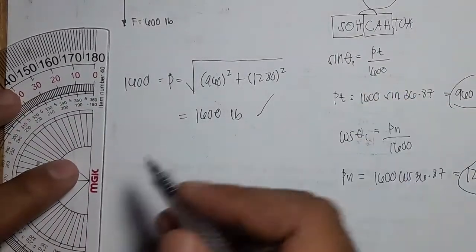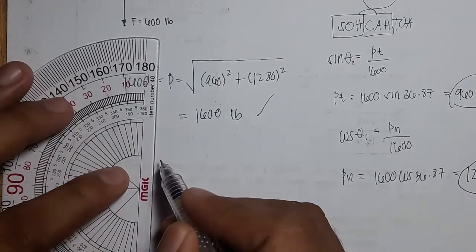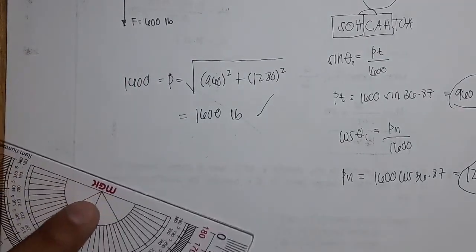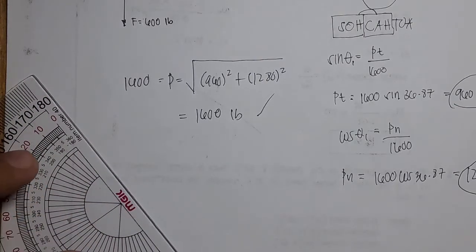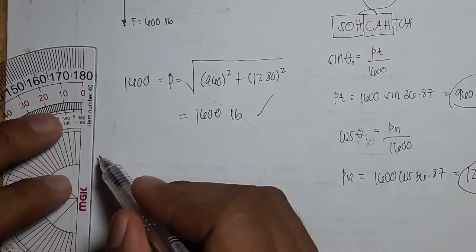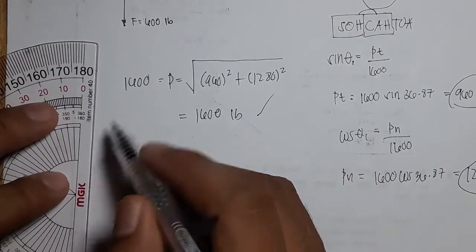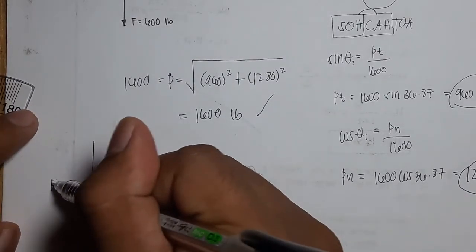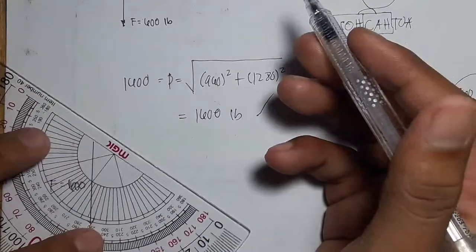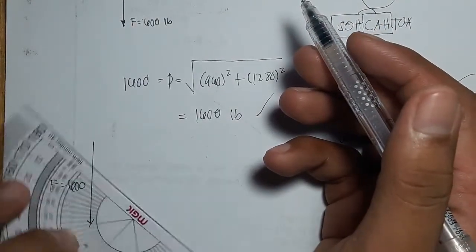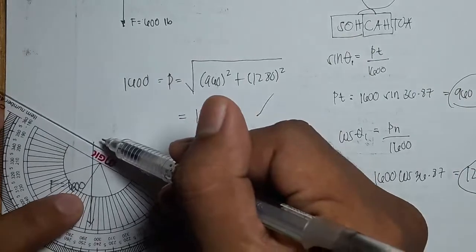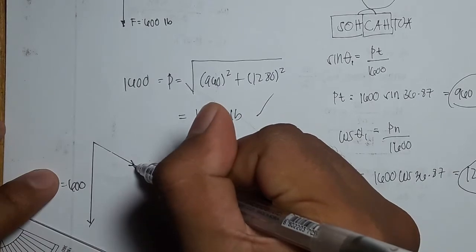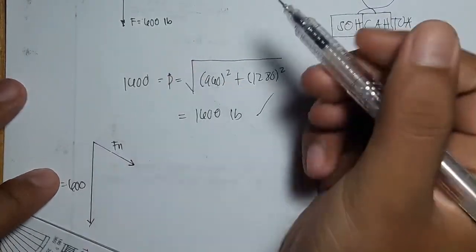So first we will draw this F here going down, so this is F, 600, and this is FN.